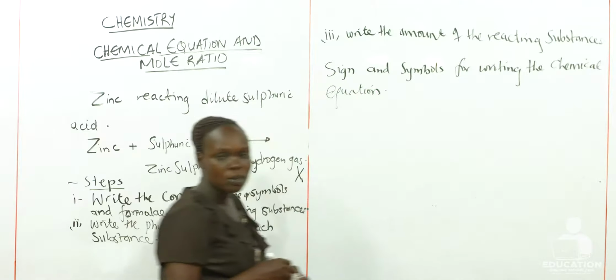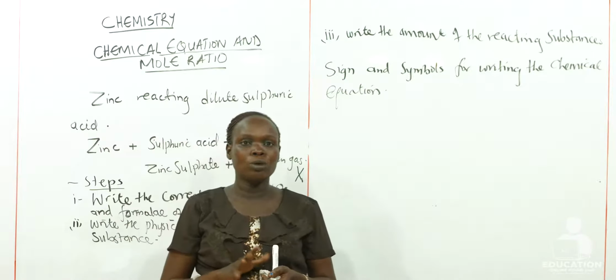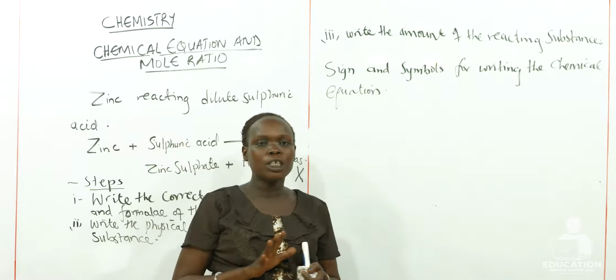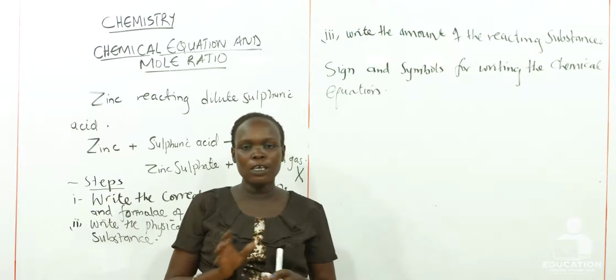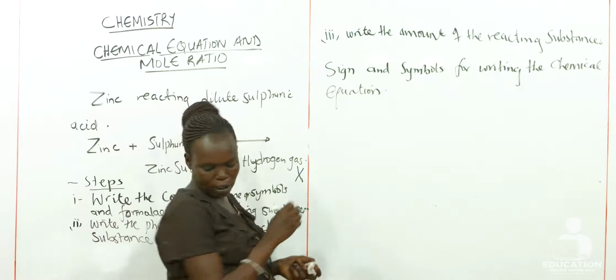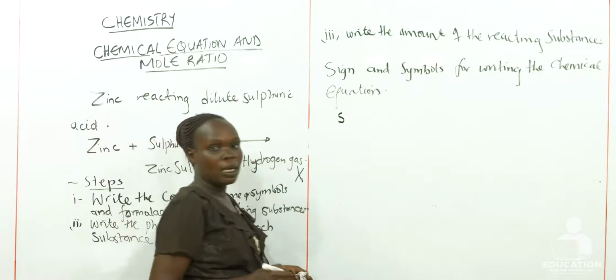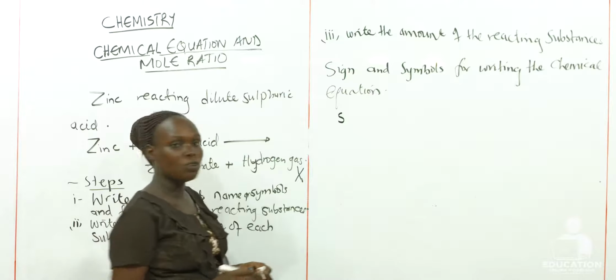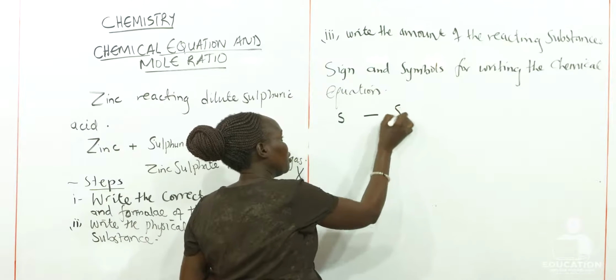So any chemical equation will have some signs and symbols, which is well known for each person dealing with chemical equations or chemical reactions. So we have to know that here we can represent S. Here S is representing solid.